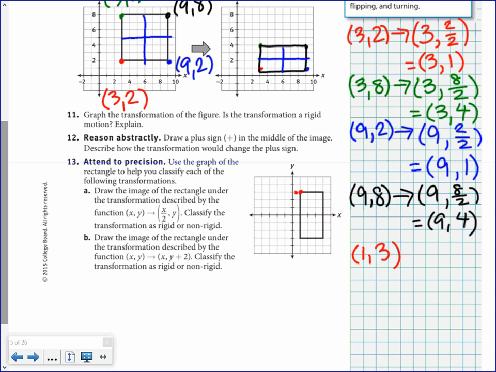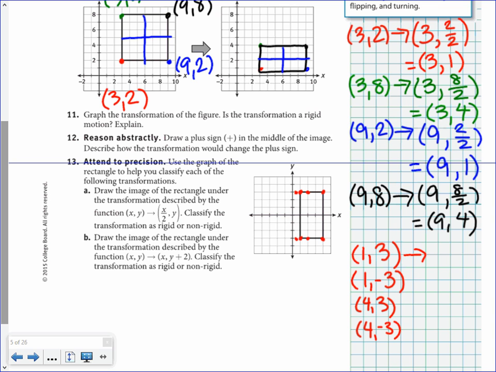This point here that's at (1, -3) is going to go to (1/2, -3). This point that is at (4, 3) is going to go to (2, 3). And then this point that is at (4, -3) is going to go to (2, -3).